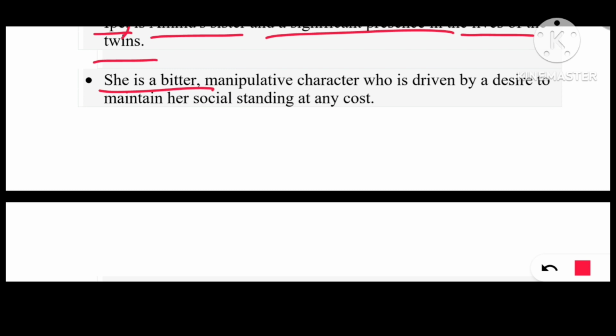She is a bitter, manipulative character which is driven by a desire to maintain a social standing at any cost. Now, Baby Kochamma is very much modern and she wants to make a name for herself, and then she wants to do something so that her mother's name will be proud.